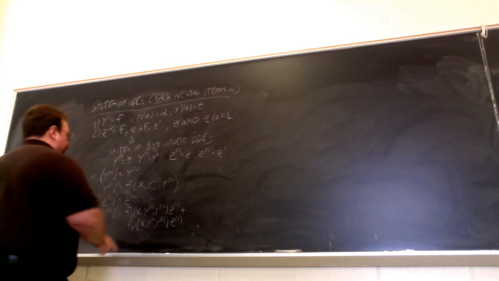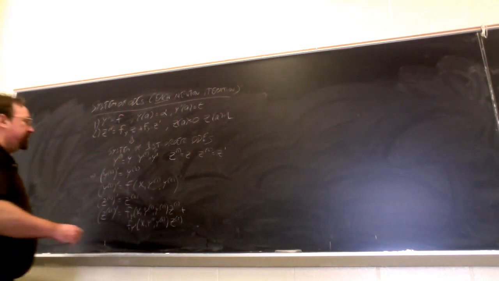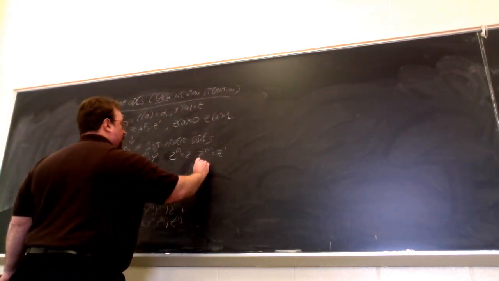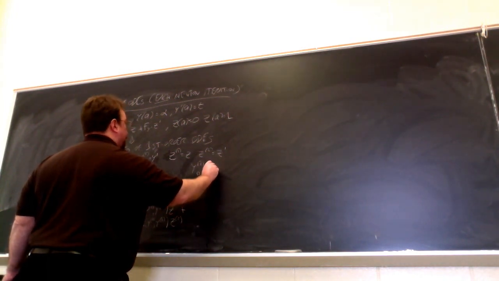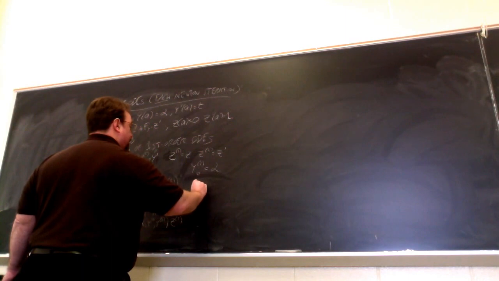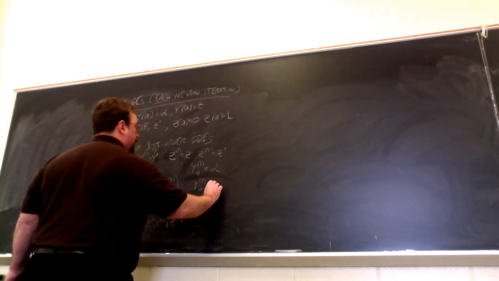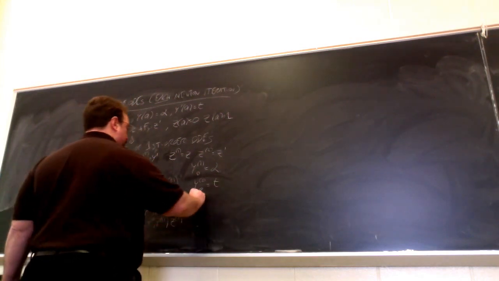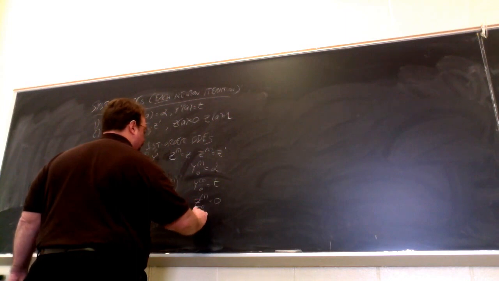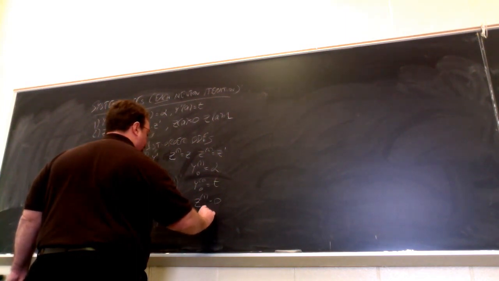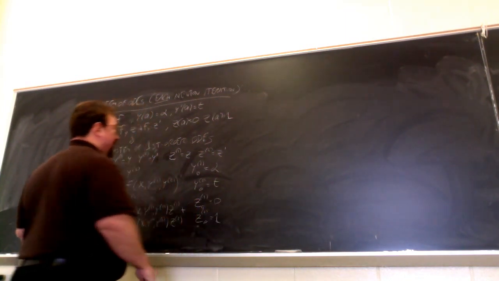Okay, so now we have a system of 4 first-order ODEs, but these first-order ODEs require initial values. So y1 initial value is going to be alpha. y2 initial value is going to be t, the slope. z1 initial value is going to be 0, and z2 initial value is going to be 1.